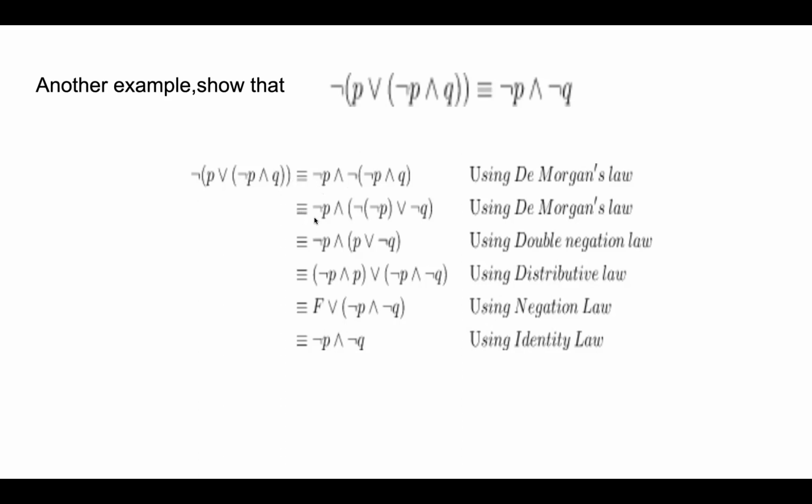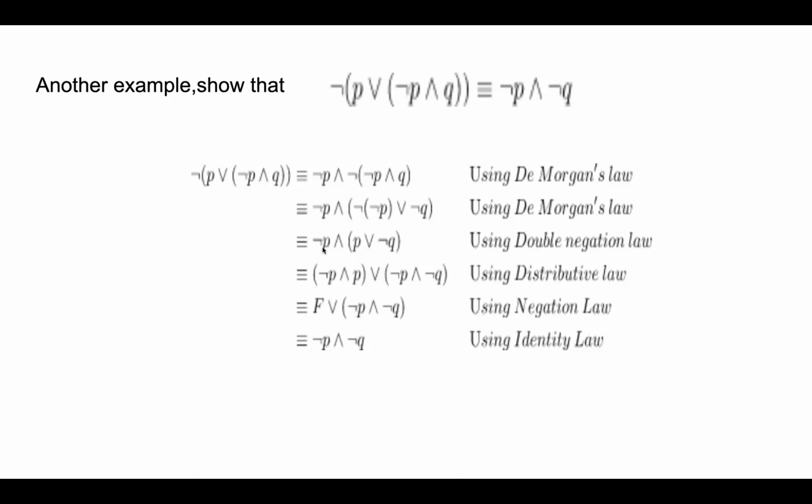Then it is equivalent to again negation P, and we distributed this negation in these two, again using De Morgan's law. Negation of negation P or negation Q. Okay, then using double negation law, this negation of negation P becomes only P. So negation P and P or negation Q. Okay, then what we use here is distributive law.